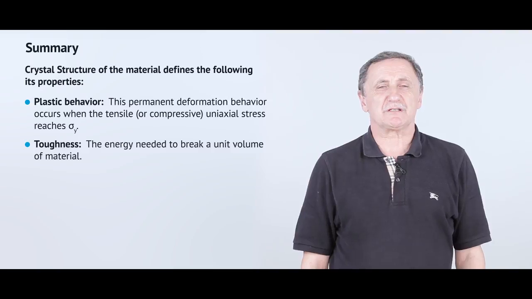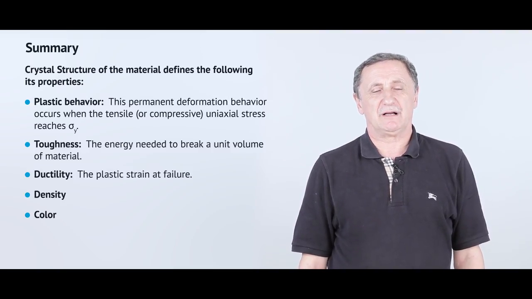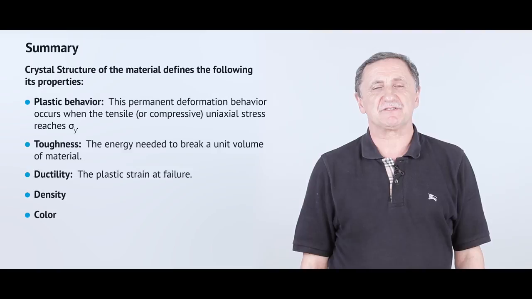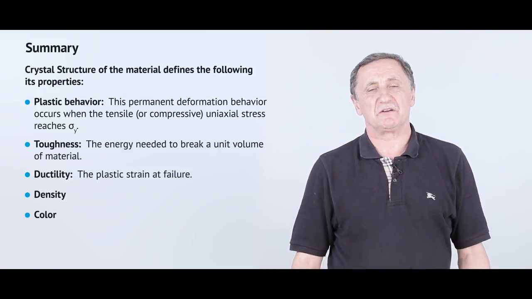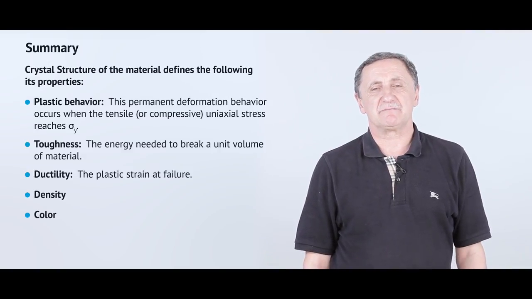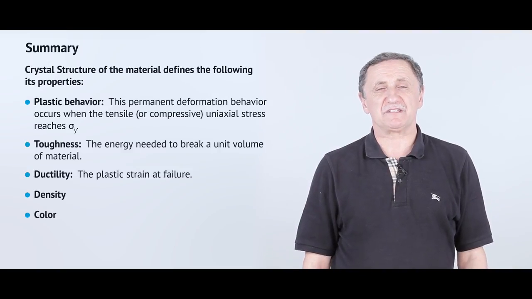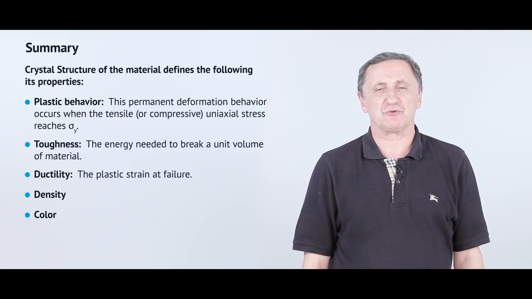So to conclude this part of our lecture, we have to admit that crystal structure defines a set of material properties, including mechanical properties such as sigma yield and sigma tensile strength, also some physical properties, and we mentioned, let's say, the color of our material for sure.